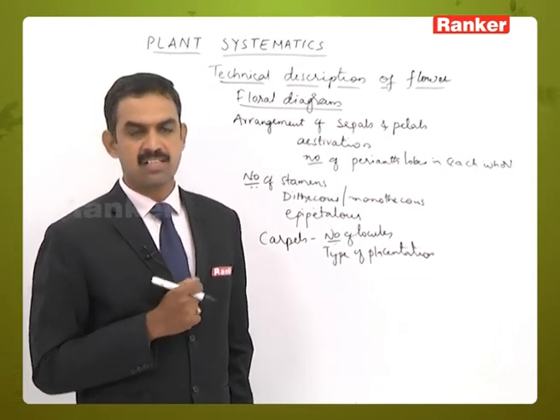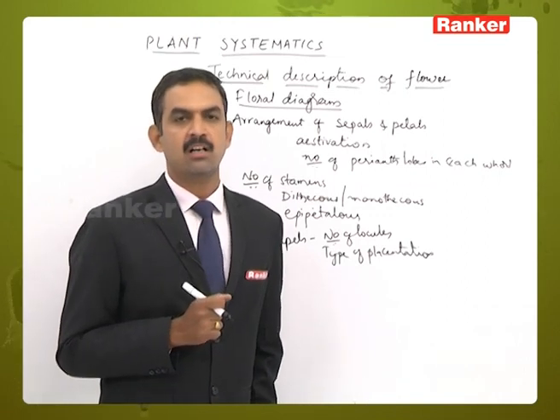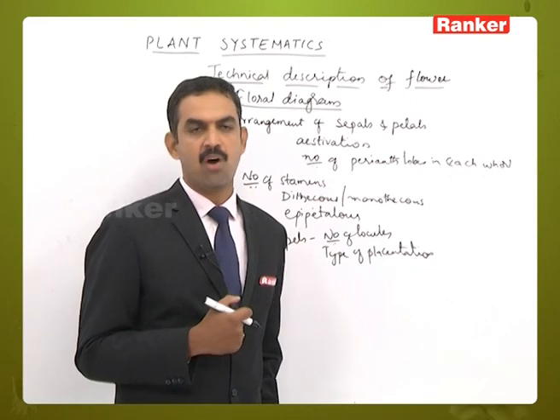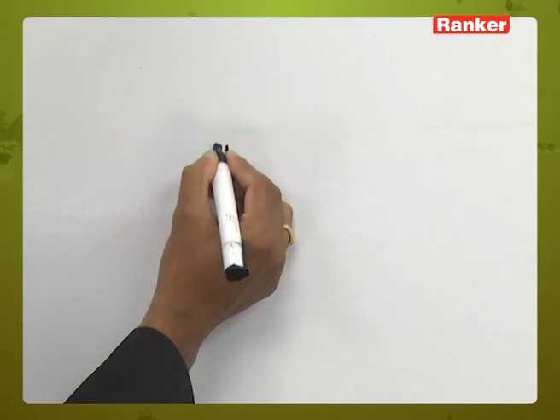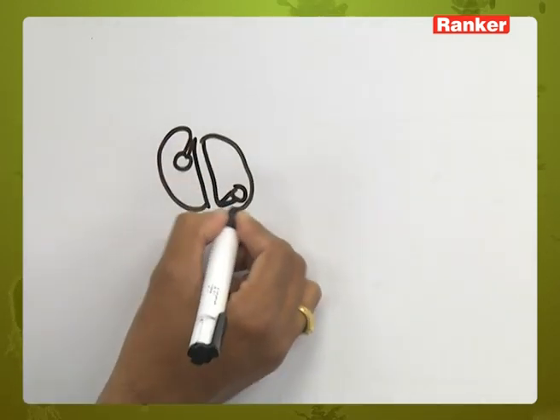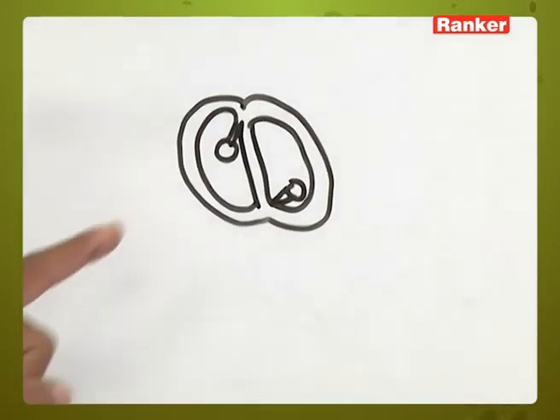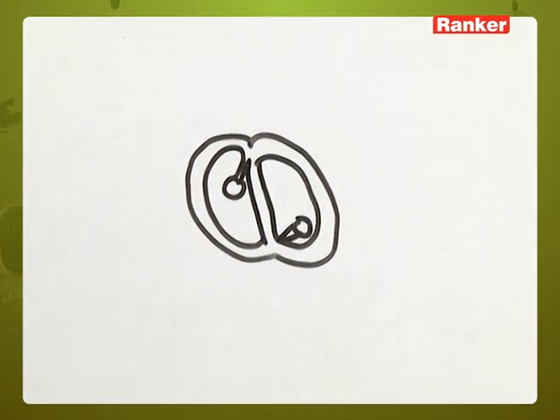Let us take an example of Brassicaceae members, where we can study the arrangement of the floral parts in the form of a floral diagram. So, this is the ovary, where we can see that two locules are there, that is bicarpellary condition and bilocular condition.